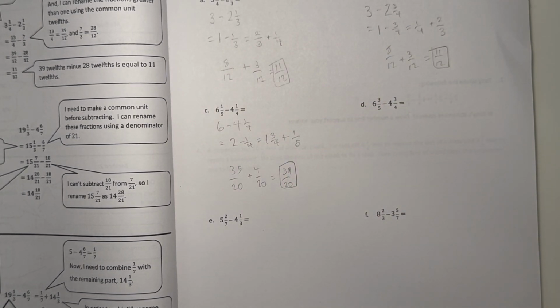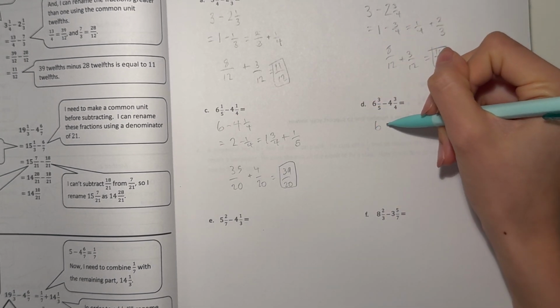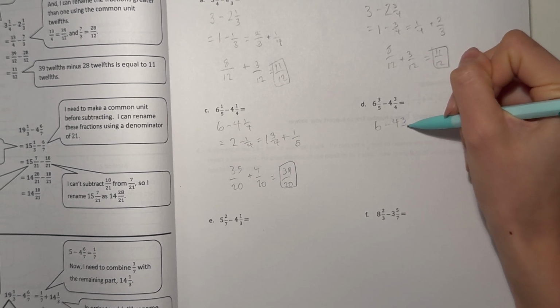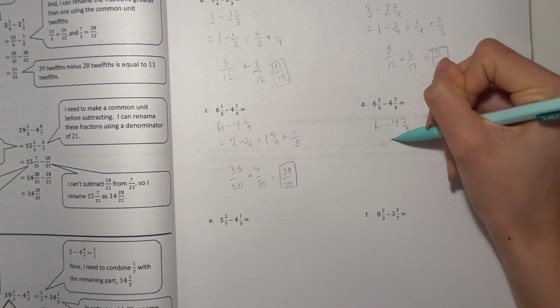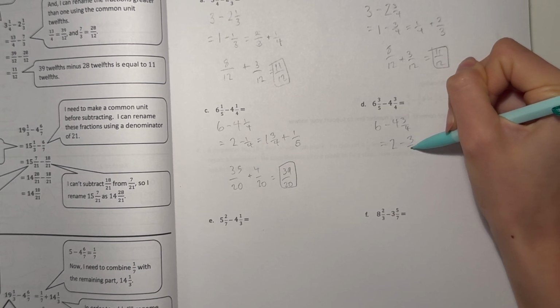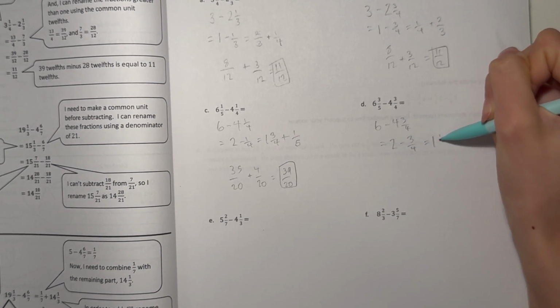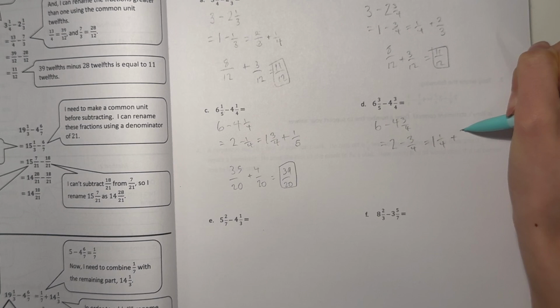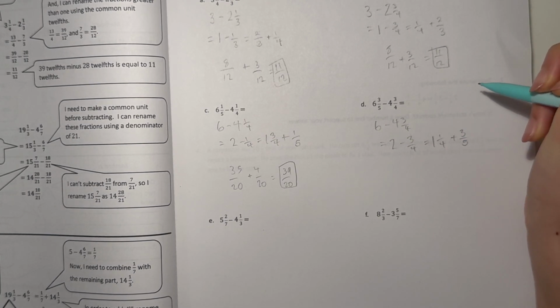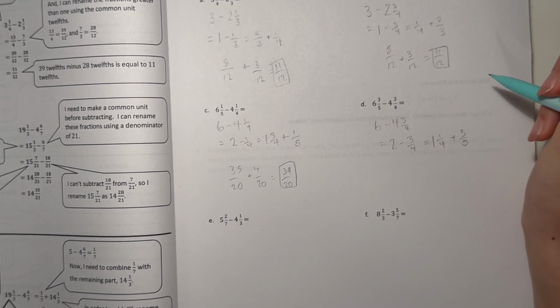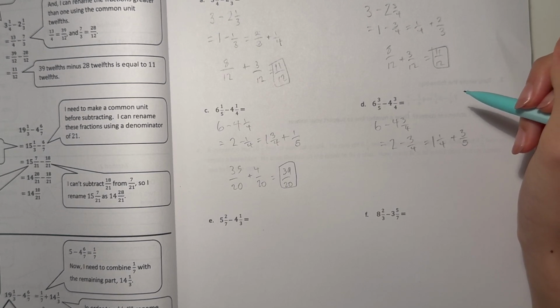D, we have 6 3/5 minus 4 3/4. 6 minus 4 3/4. 6 minus 4 is 2, so we have 2 minus 3/4, which is 1 1/4, plus the 3/5 we took away earlier. Alright, so 4 and 5, the least common multiple would be 20.